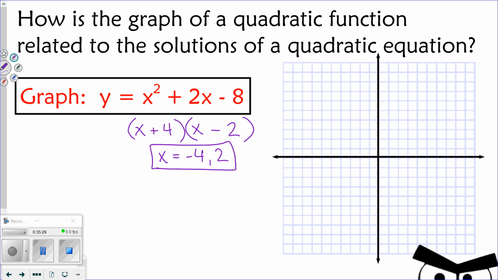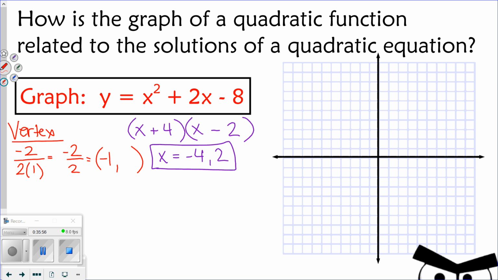Now let's go ahead and graph it. Let's see if we can figure out how they're connected to each other. If I ask you to graph, find the vertex first. So negative b, -2 over 2 times a. My a is 1. So -2 over 2, which is -1.